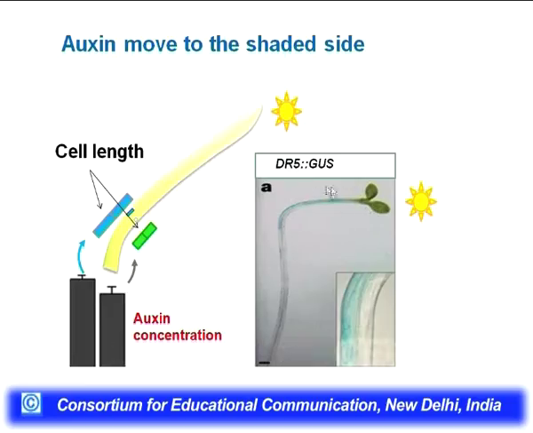This seedling here is bending towards the light, and this is the source of light. Now, if you take the bend area and do a GUS staining, you will find that the outer side of the bend has more auxin than the inner side. In other words, auxin from the lighted area has moved towards the shaded area, and so the auxin is much more over here.